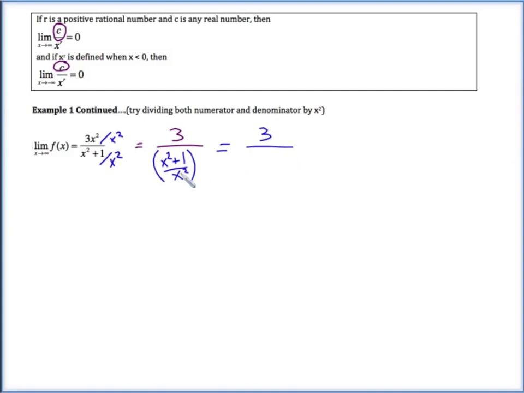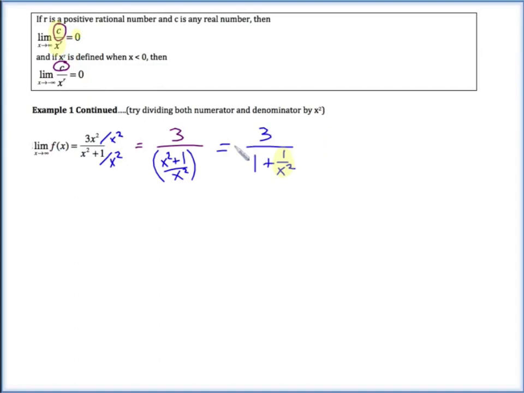We still have our 3 in the numerator. Here x squared over x squared is 1, and then 1 over x squared is still 1 over x squared. This part right here looks exactly like this, and so we know its limit is going to equal 0.